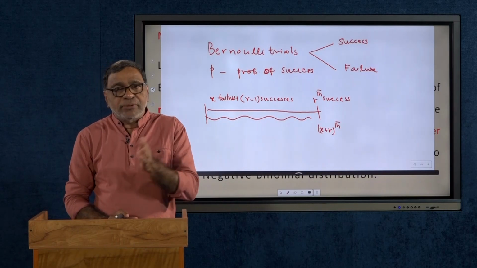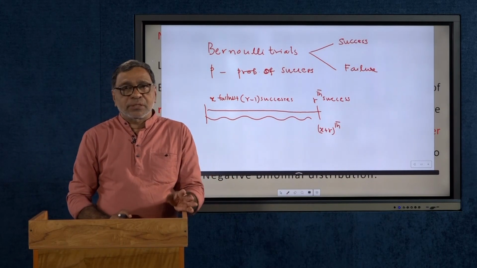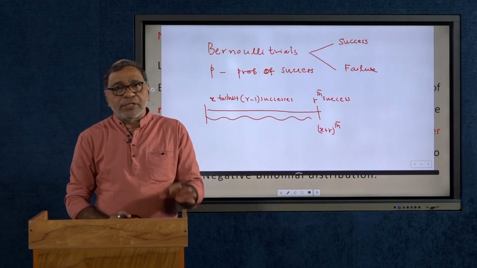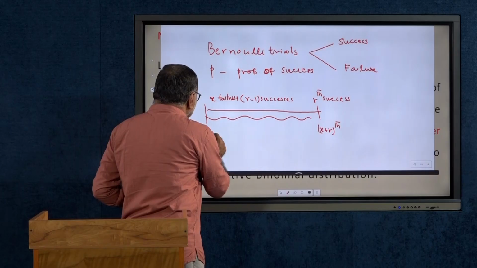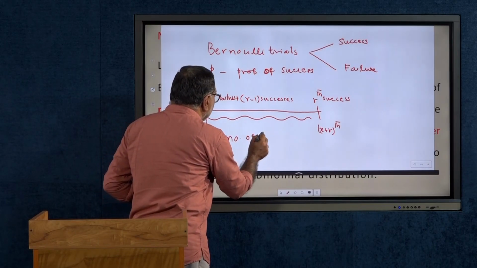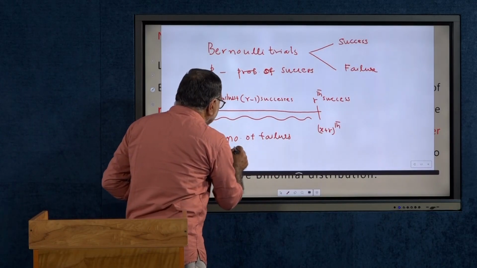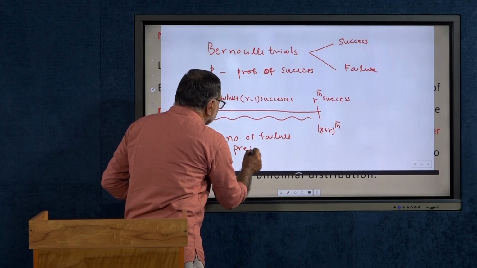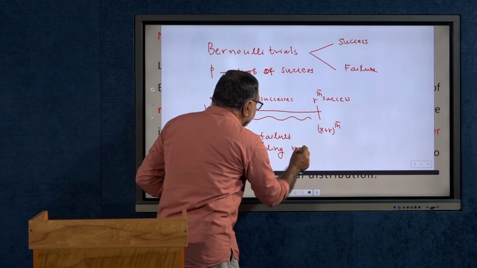So, in the previous trials, we have r minus 1 successes and x failures. So, what is the probability of x, that is the number of failures preceding r successes?